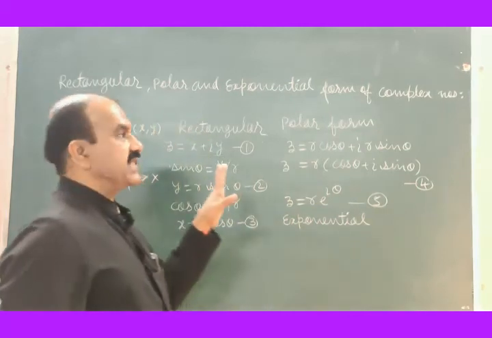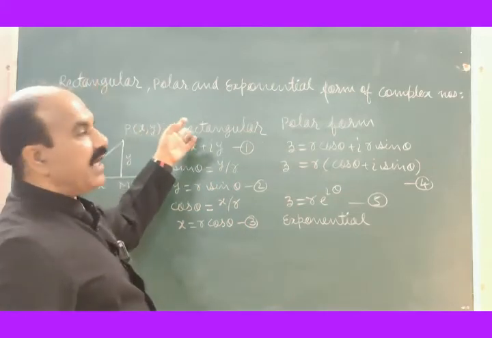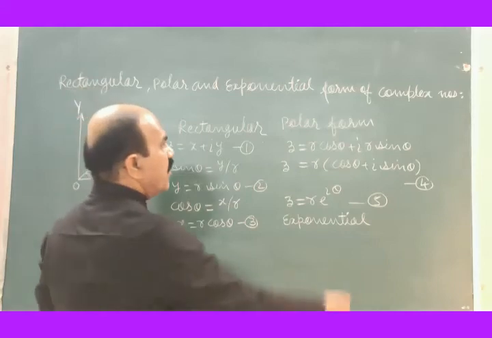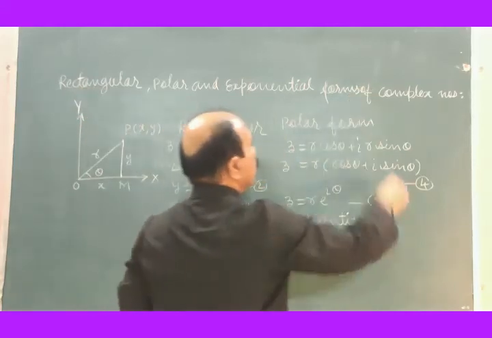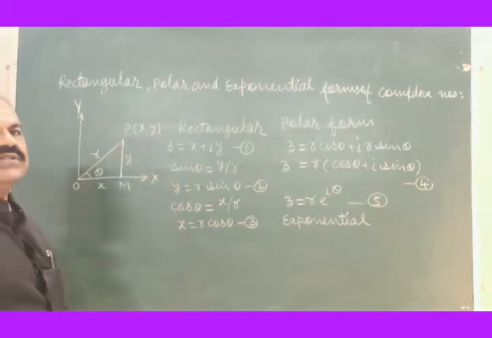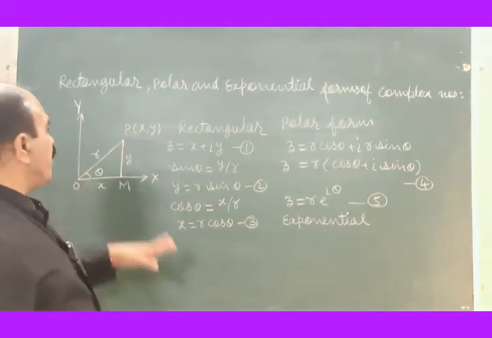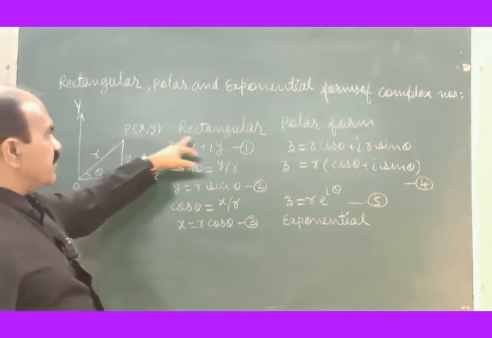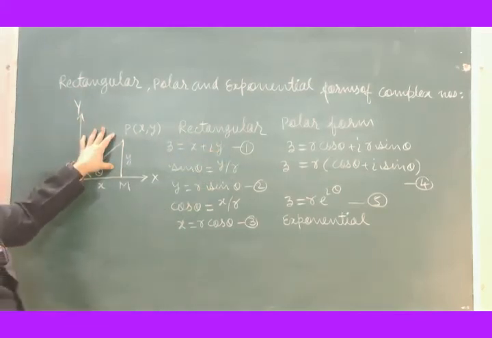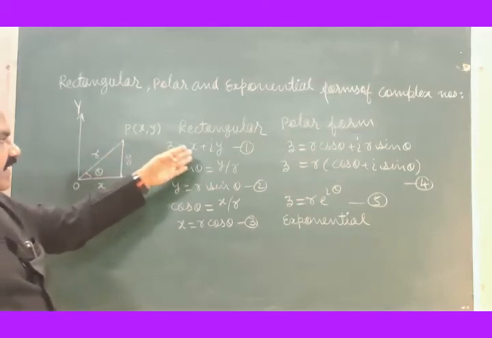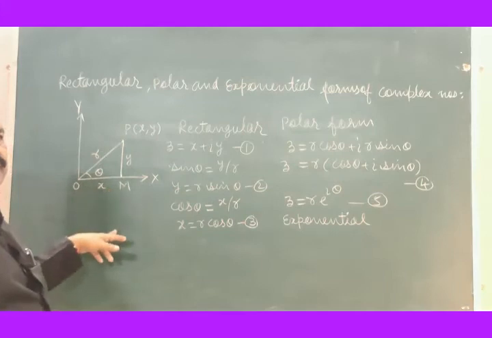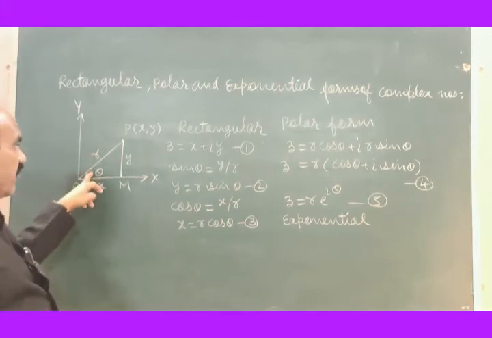This is about the last article, rectangular, polar and exponential forms of complex numbers. So here I have written all the three forms. First form, the rectangular form, is derived from this figure, x plus iy. Second form is also derived from the same figure using the polar coordinates.